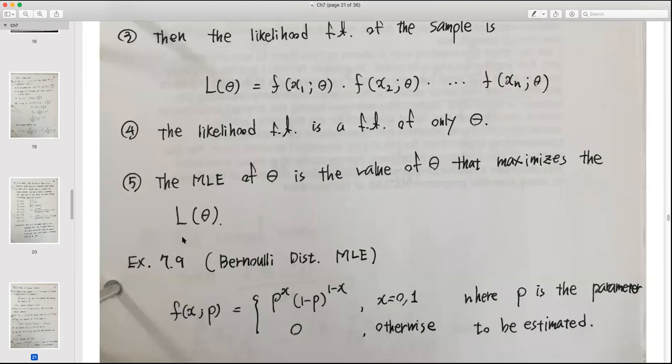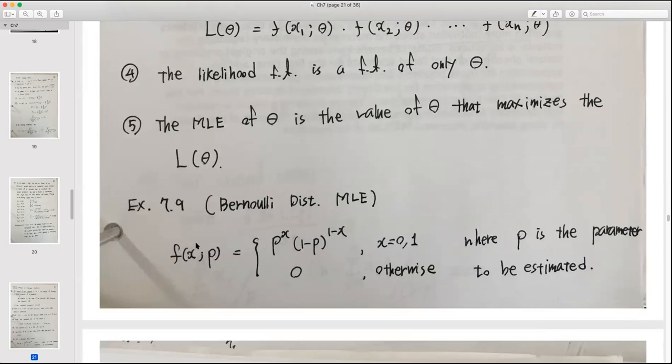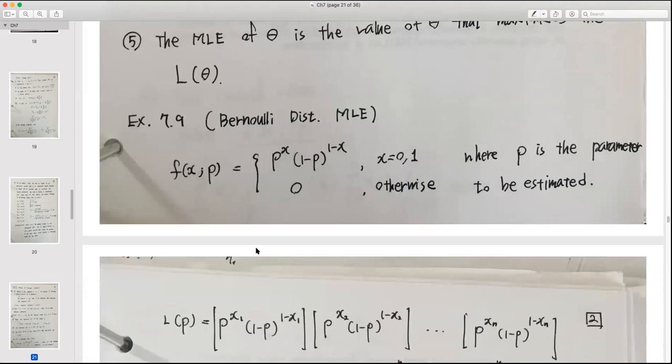Now let's see an example: the Bernoulli distribution MLE. In a Bernoulli distribution, the PDF is defined as p to the x times 1 minus p to the 1 minus x.